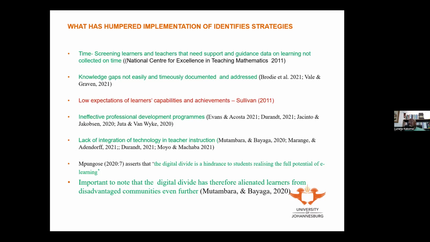So while learners in towns, in cities and in developed countries are being enhanced by technology, learners in disadvantaged, rural communities are being alienated even more by it. So while technology is good, it appears like it is not reaching everyone.